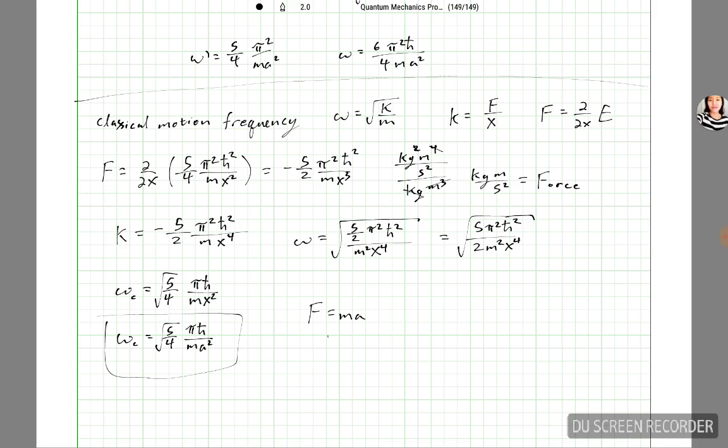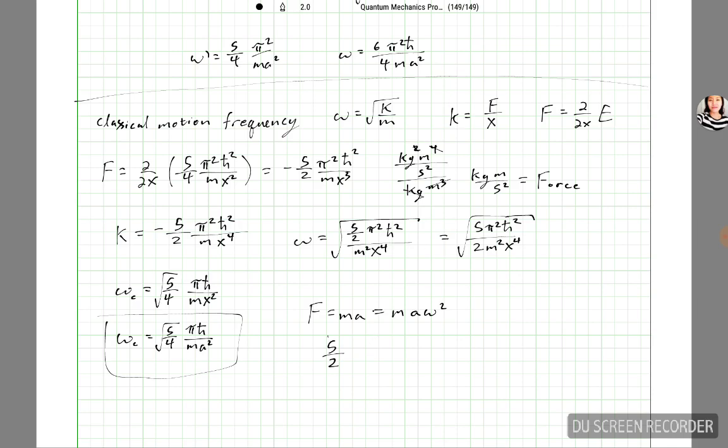Force equals mass times acceleration. For something oscillating, acceleration is just the radius of acceleration, a times omega squared. I already found the force before, so I'm just going to use that same result. So I have 5 squared.